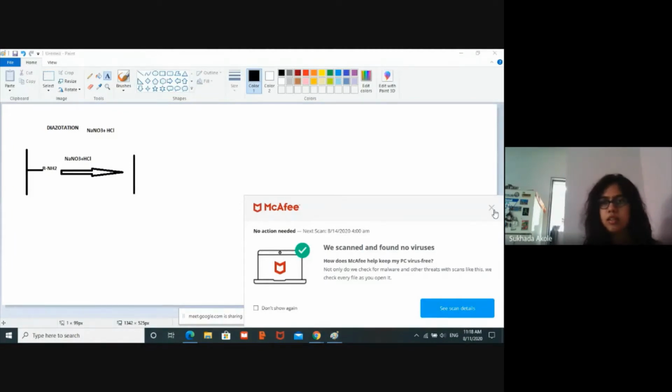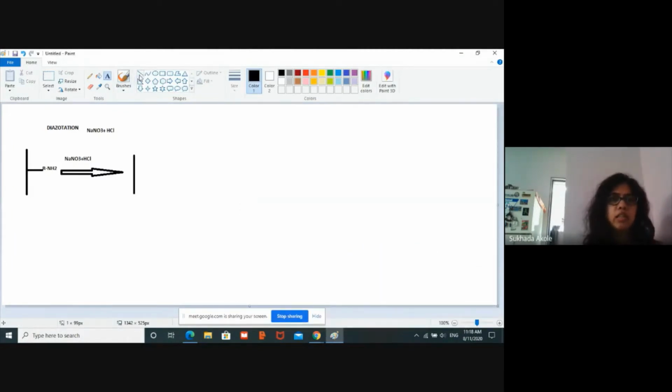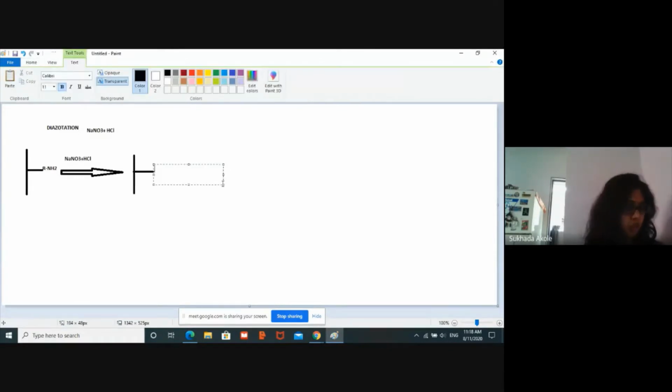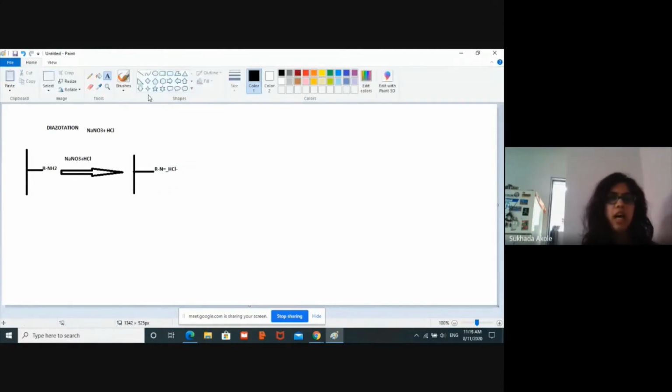Here, instead of RNH2, now we are going to have something which looks like R triple bond N, and triple bond N, Cl minus. Okay. Now after this, I add my enzyme to the system.